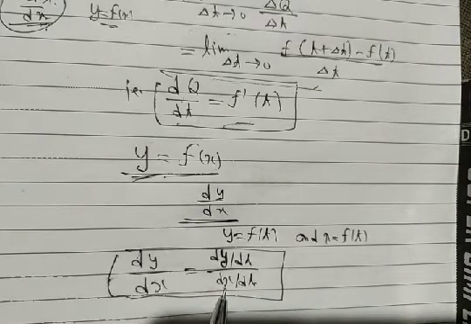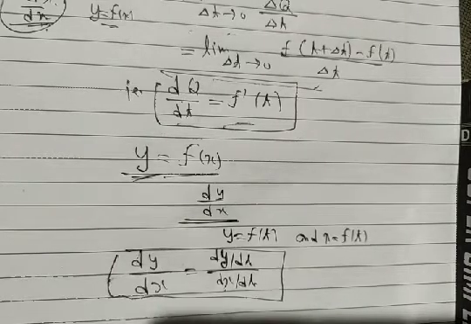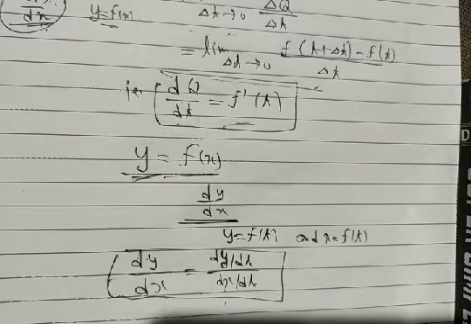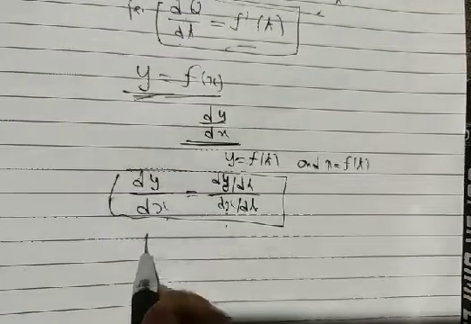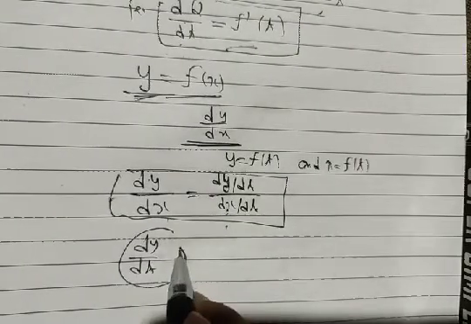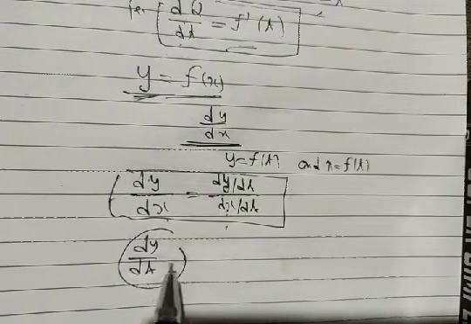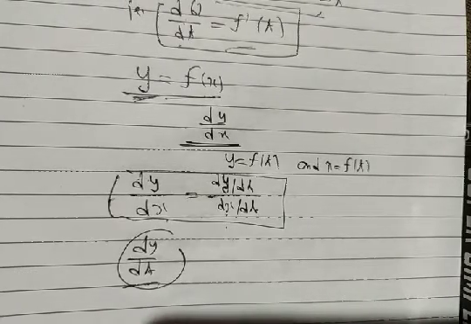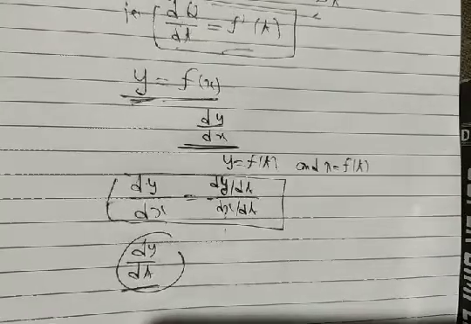Then our dy/dx is given by dy/dt divided by dx/dt. So dy/dt is the rate of change of y with respect to the change in time.